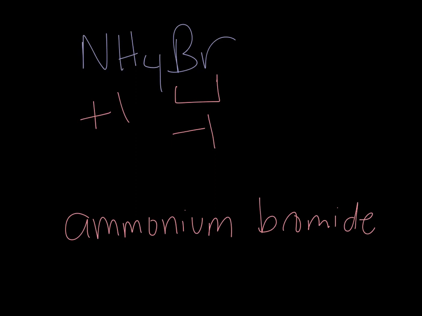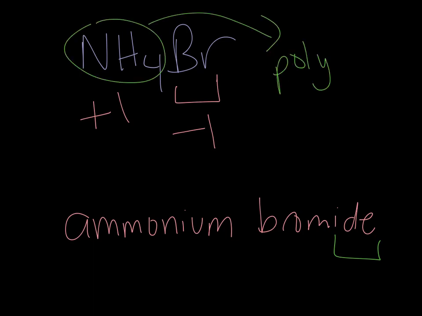Since it is just a normal monoatomic anion, we end with that "ide" there. So this tells me that it's just a monoatomic anion, and then the NH4+ is polyatomic, and in this case it's the cation.